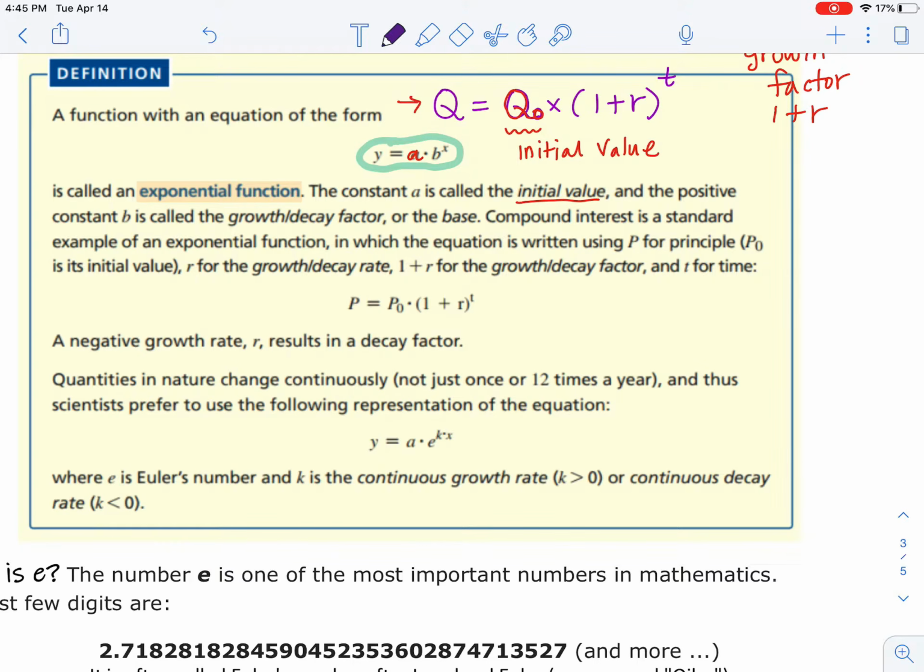Compound interest is a standard example of an exponential function in which the equation is written using P for principal. P naught is its initial value, r for the growth and decay rate, and 1 plus r for the growth and decay factor, and t for time. Now remember this, you worked with this in 6.1, the compound interest formula.